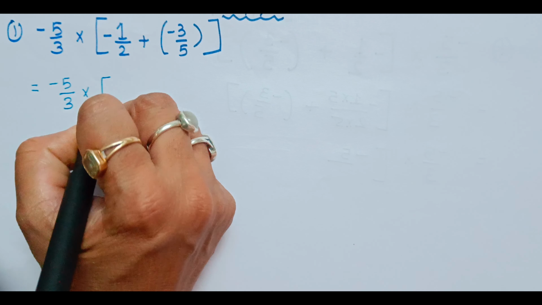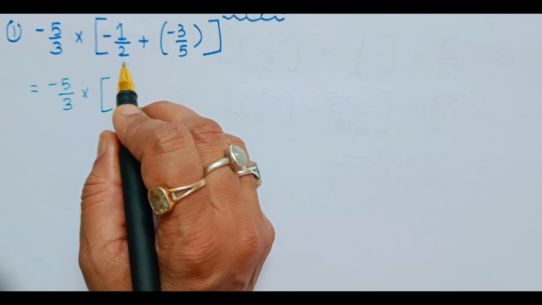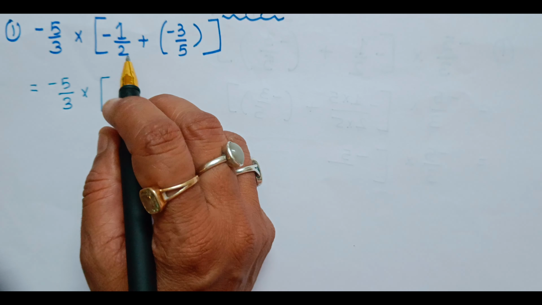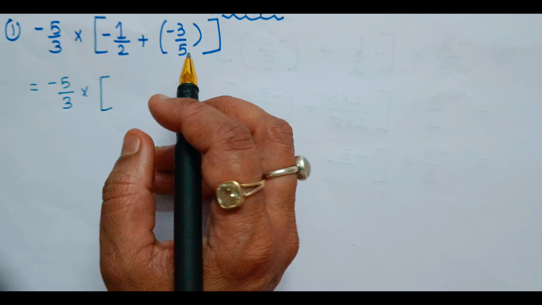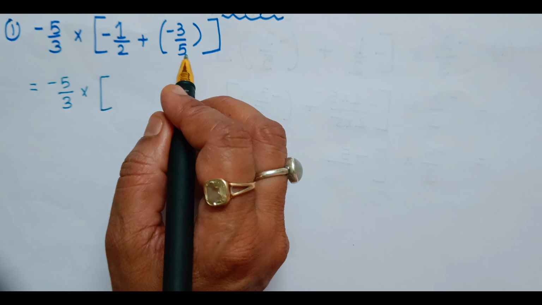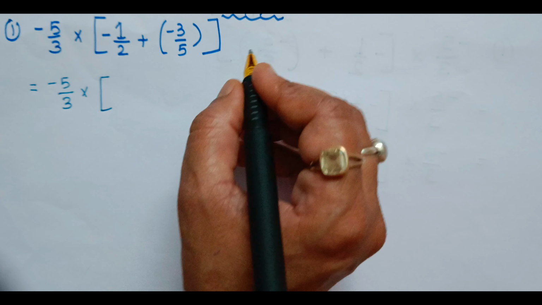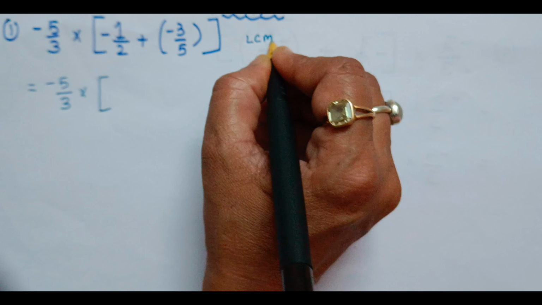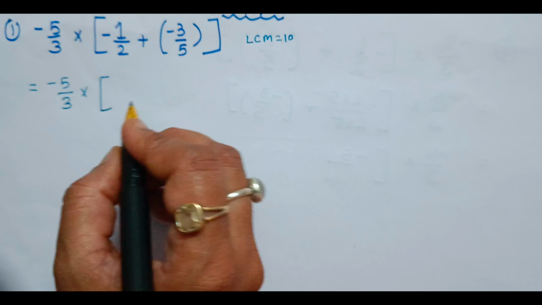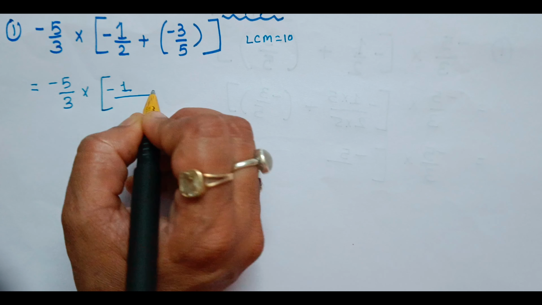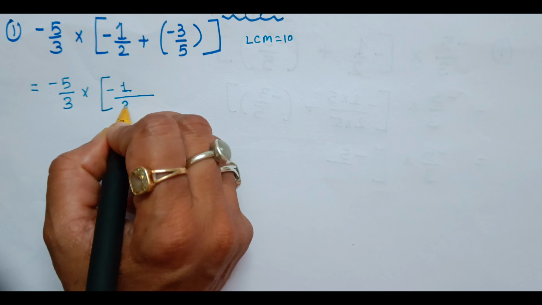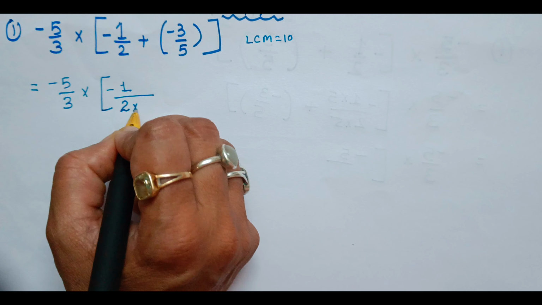So in the bracket, now we find the LCM of the denominators. Here the 2 and 5. LCM of 2 and 5 is 10. Therefore, for getting the 10, we multiply in the denominator 2 by 5.